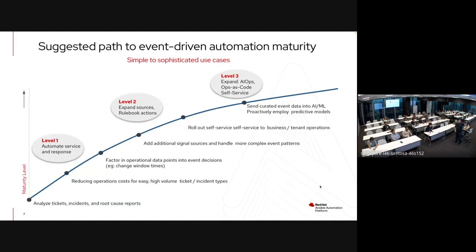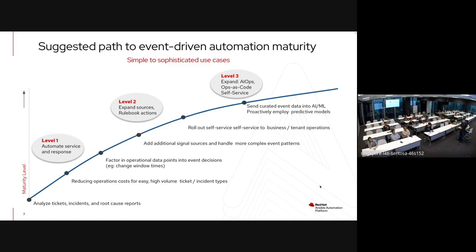And some of the suggested paths towards event-driven automation maturity, right? So you can see this like level 1. How do we automate a service and response, right? Or it can be things like analyzing tickets, root cause reports, right? How we can actually expand further on the sources, the rulebook actions. We will take a look at some of those things later on, right?